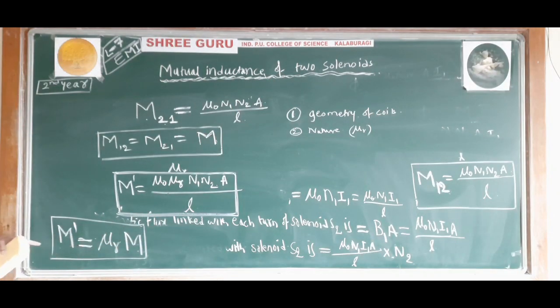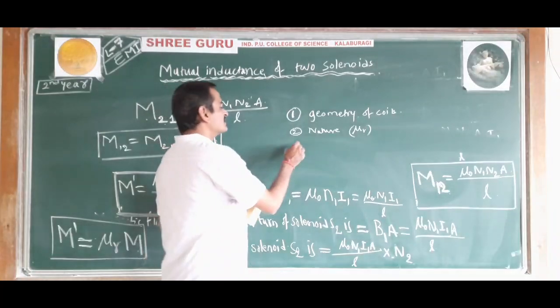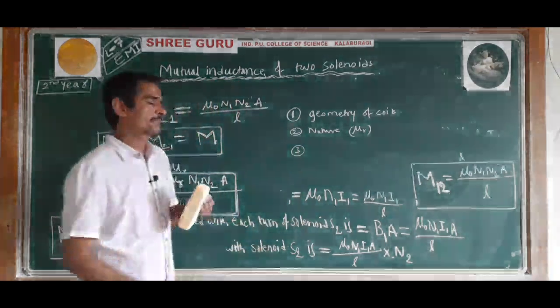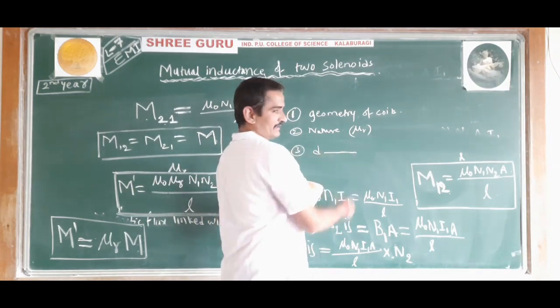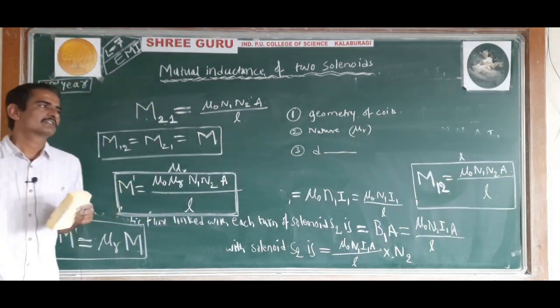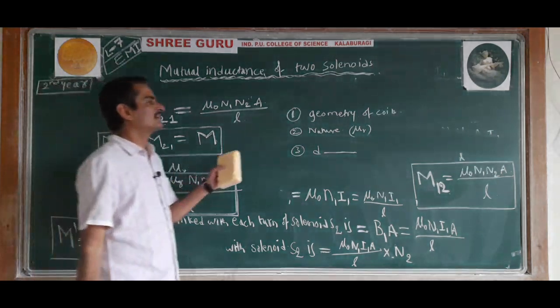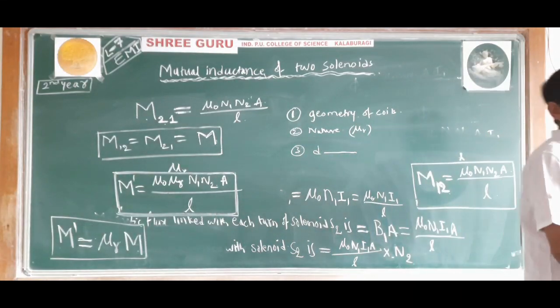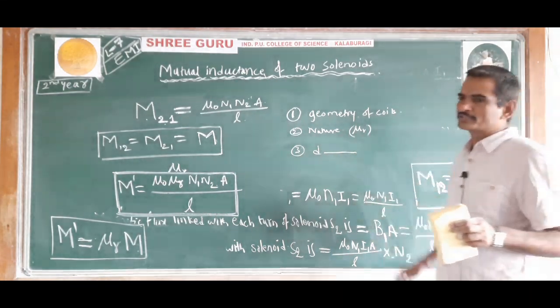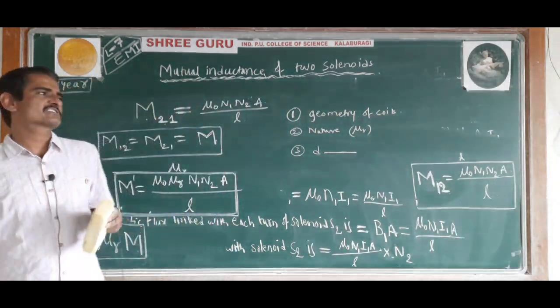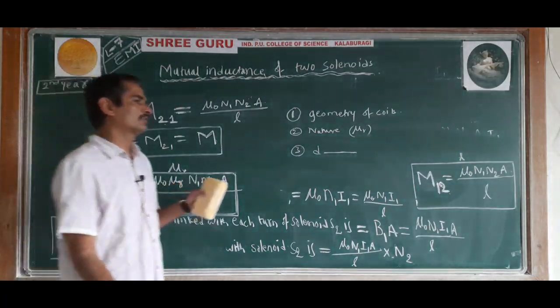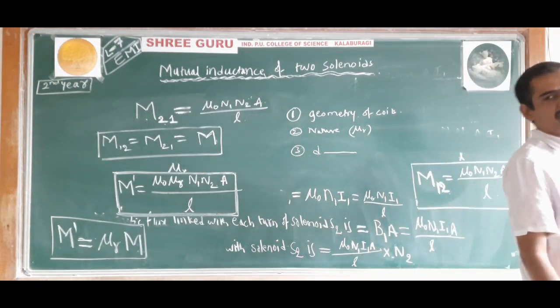Mu r is the relative permeability. The mutual inductance also depends upon the distance between the two coils, and also upon the placement of the two coils.